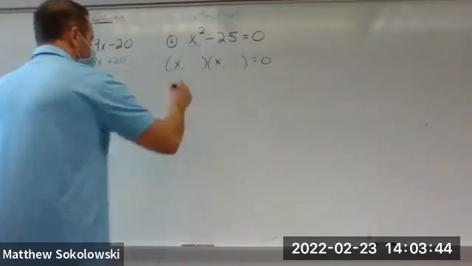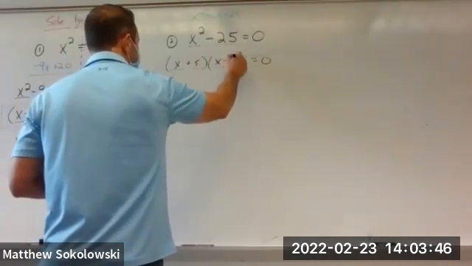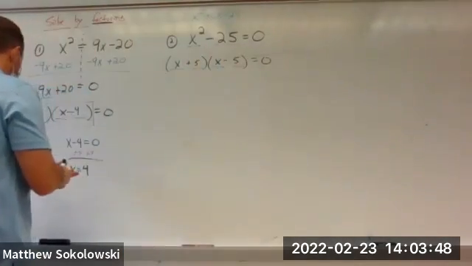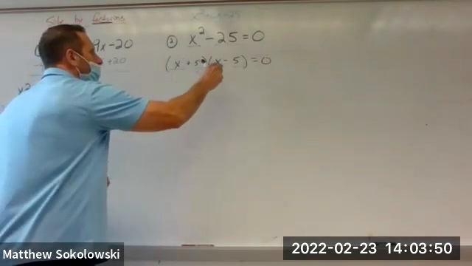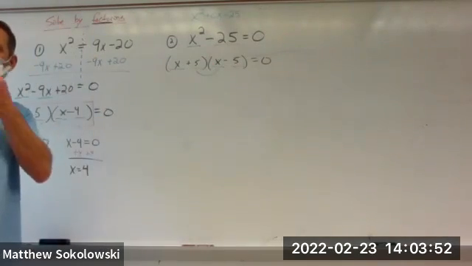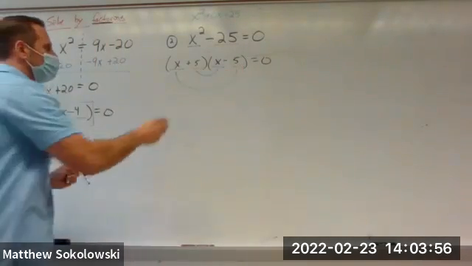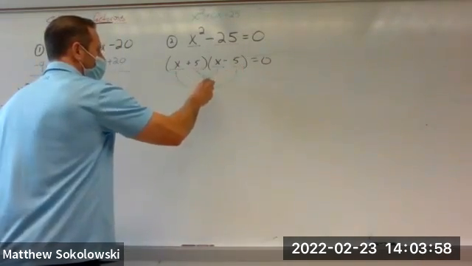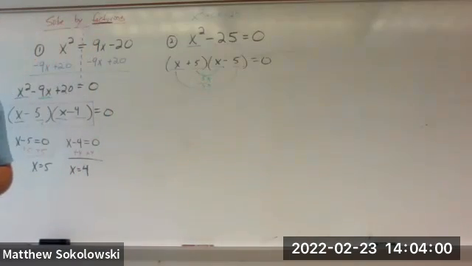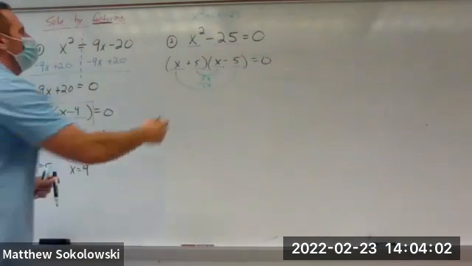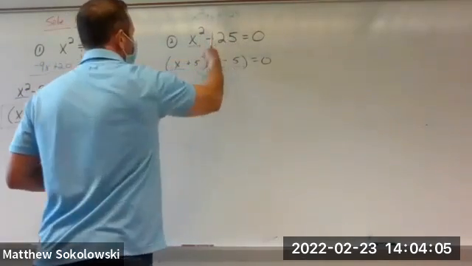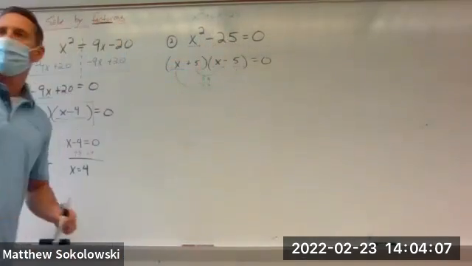Let's give a guess. Positive 5 and negative 5. And then when we combine and check, what do we get? 5x and negative 5x. 5x and negative 5x give you what? 0x. That's what we wanted. Those are the factors of this.